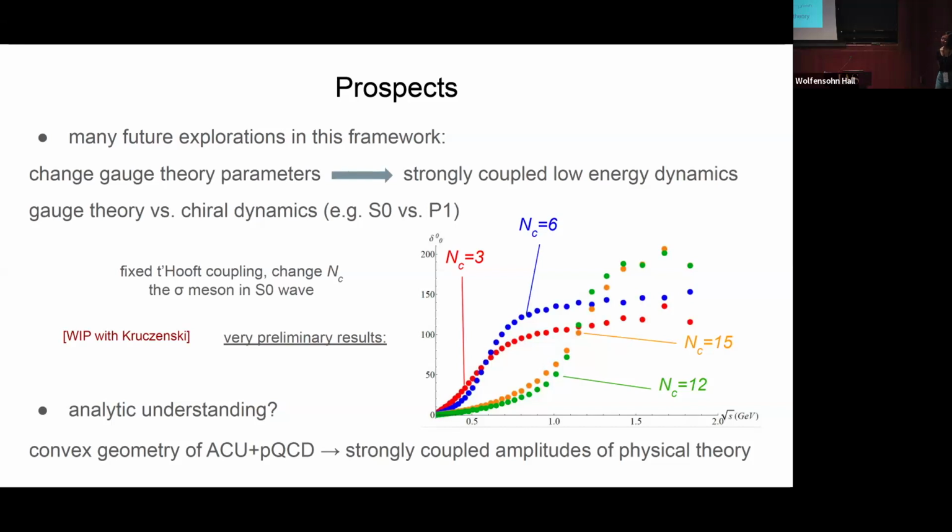Thank you for your nice talk. I have a naive question for this picture. If you take the NC very large, what is the asymptotic behavior of this, I mean, for the phase shift?